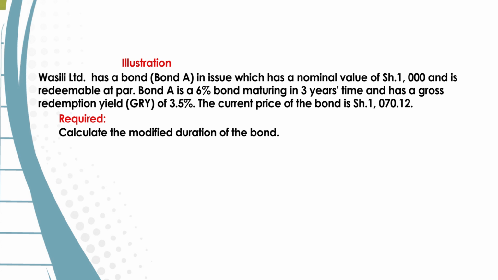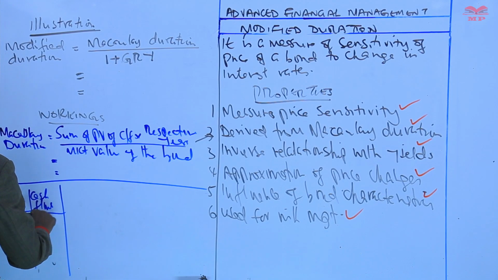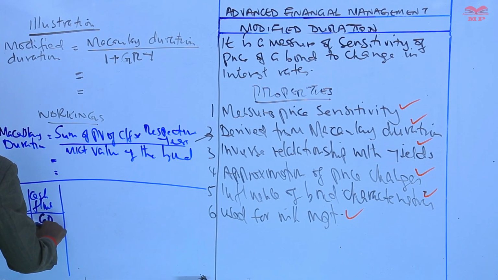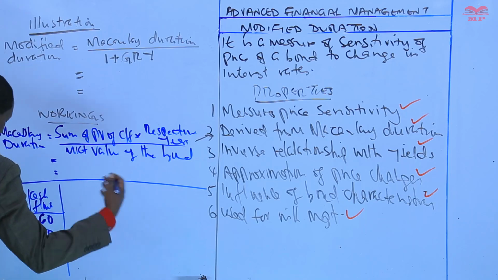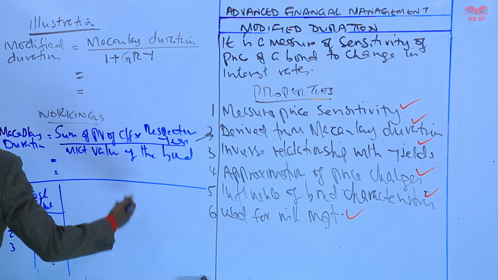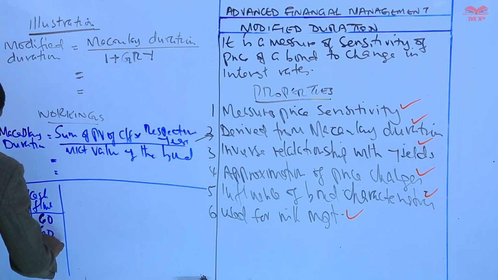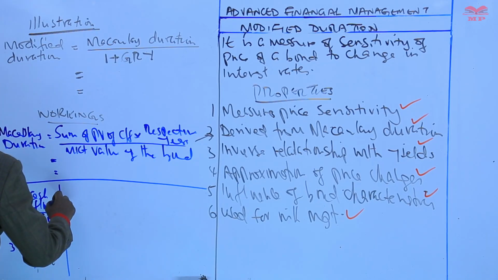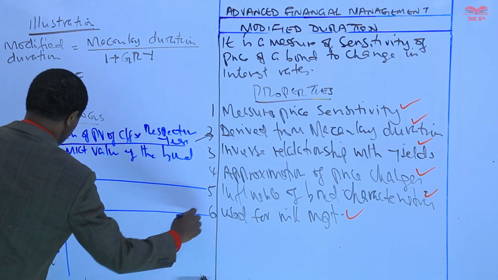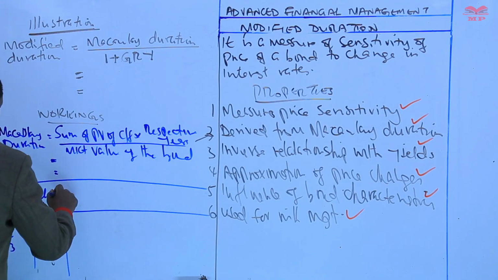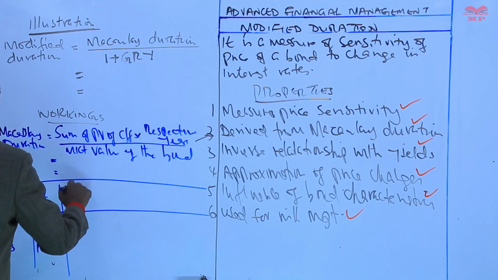6% of 1,000 shillings is equal to 60 shillings. So year 1, we have 60 shillings will be received. Year 2, 60 shillings will be received. At the end of year 3, the 60 shillings will be received plus the par value of the bond of 1,000, which is equal to 1,060. Then we are going to have to discount these cash flows with the present value interest factor.